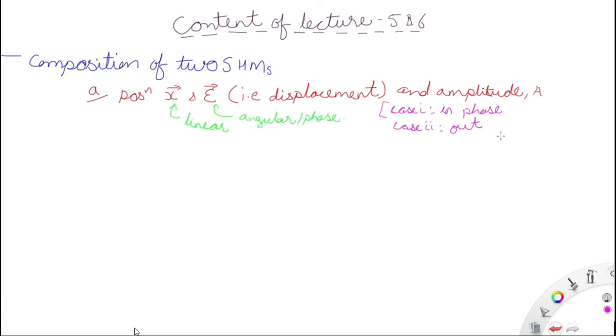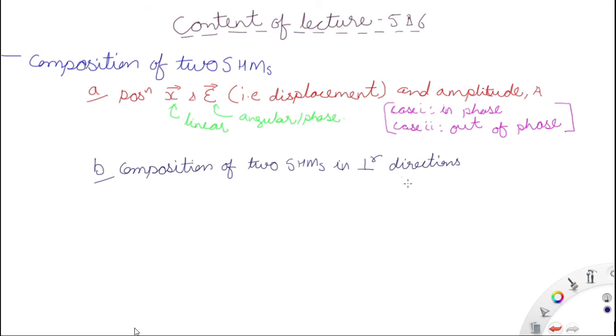So composition of two SHMs means a particle is under the action of two forces which are causing simple harmonic motion in their direction, in the direction of the force.